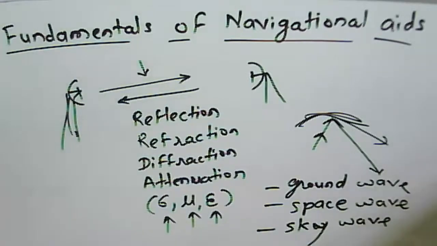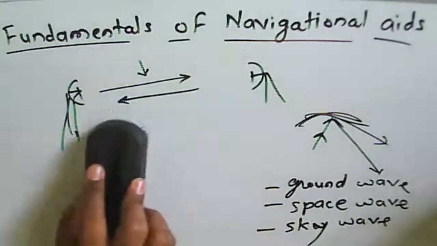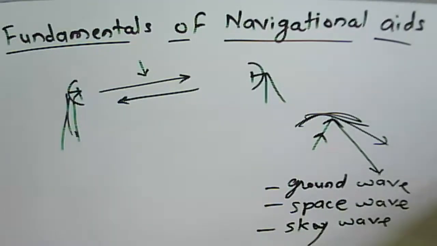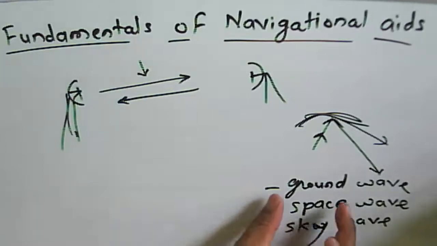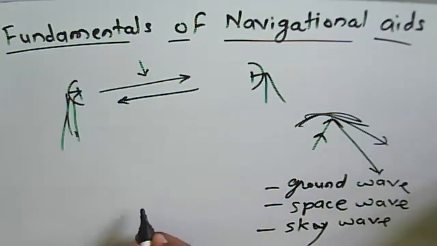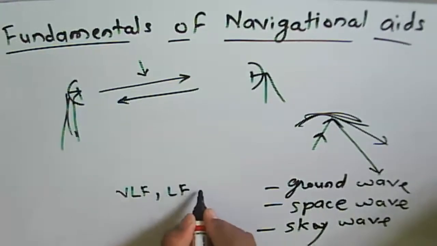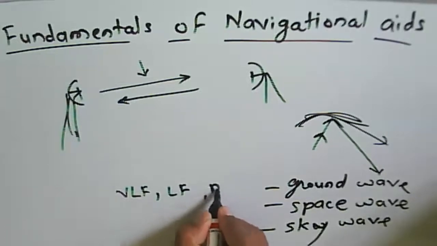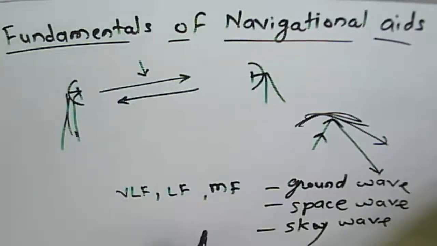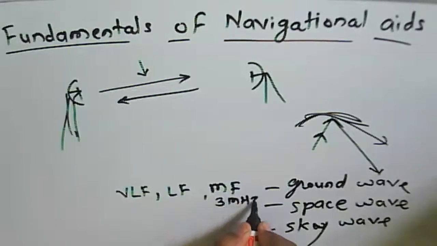Now, for each wave propagation there is some band of frequency in which the wave propagates. If you consider ground wave propagation, the wave will be in a very low frequency band, LF, or medium frequency, up to 3 megahertz.